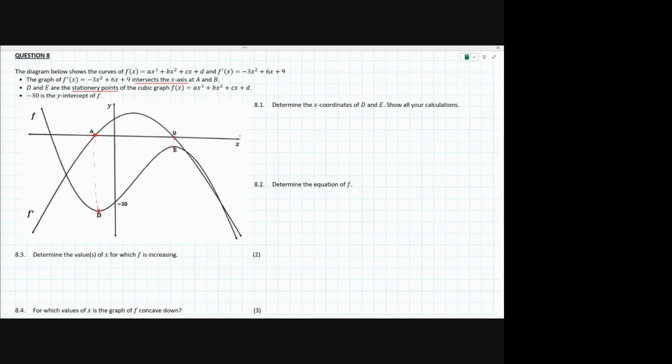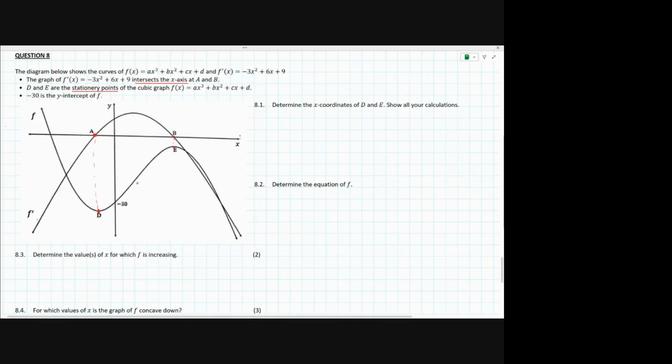The first question says determine the coordinates of D and E. D and E are the turning points of my cubic. However, I've got no information about the equation of my cubic function, so I can't find the first derivative and make it equal to 0.